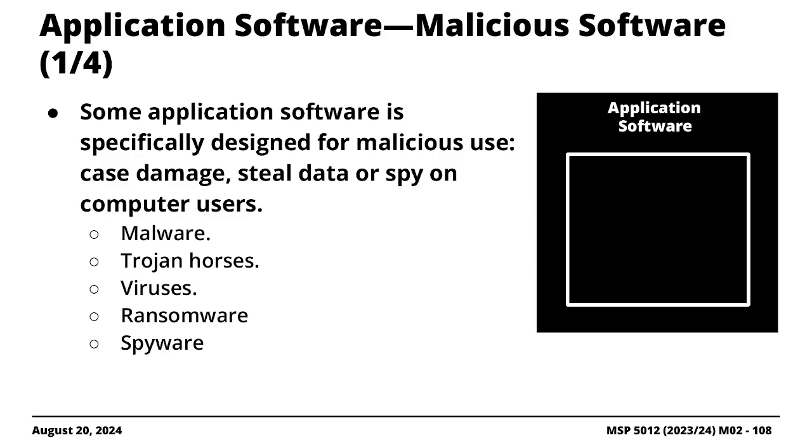It is application software because it is designed to help address a specific problem. In this particular case, it's meant to help somebody encrypt somebody else's data and then request a ransom, right? We will not decrypt your data unless you give us money.